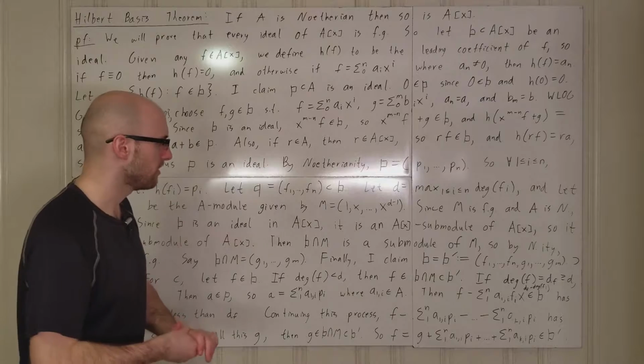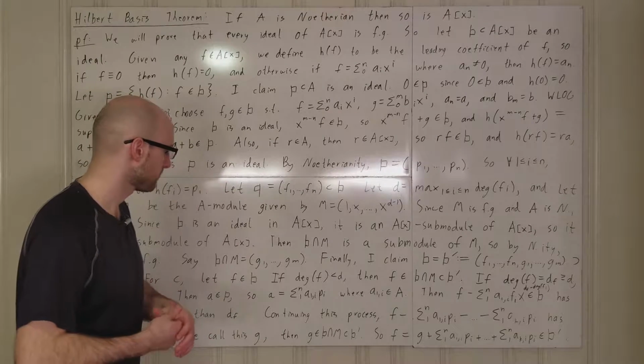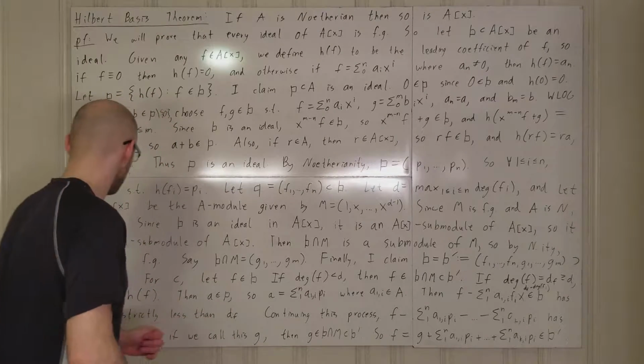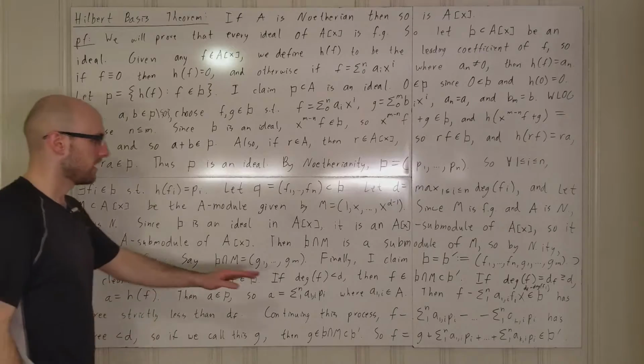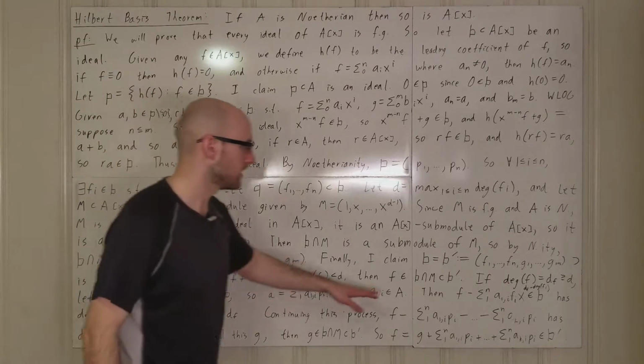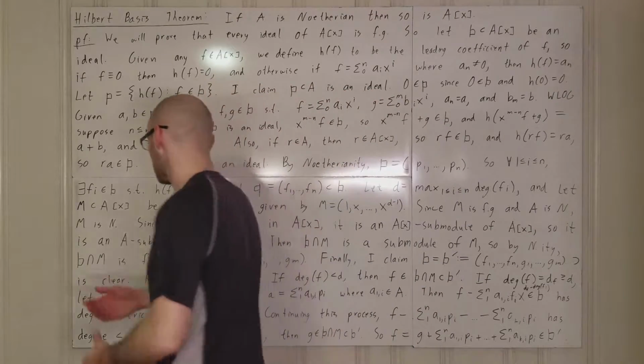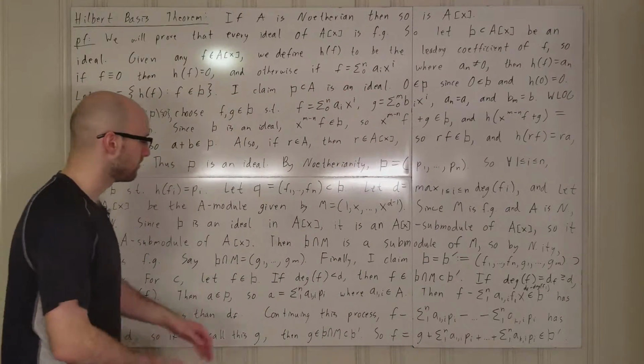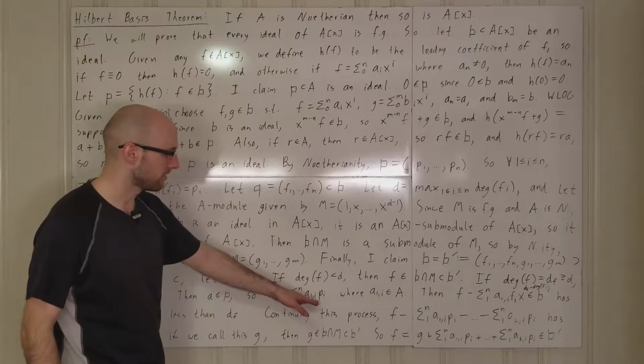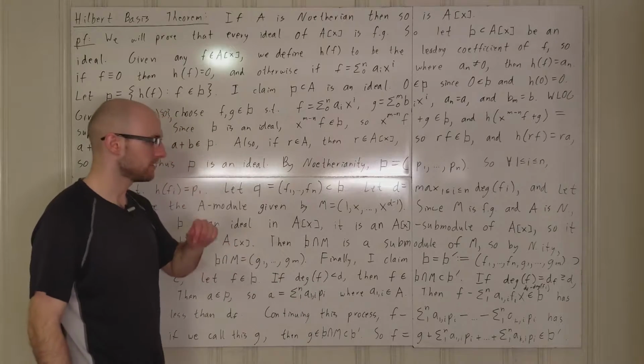So anyways, take this polynomial whose degree is greater than or equal to D, and let A be its leading coefficient. Then we can write it as a linear combination of the pi's.